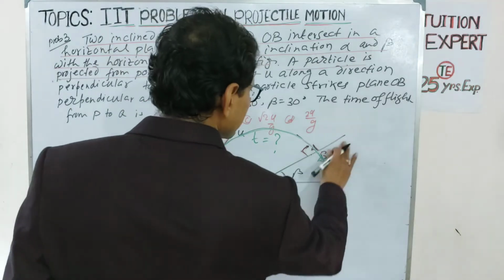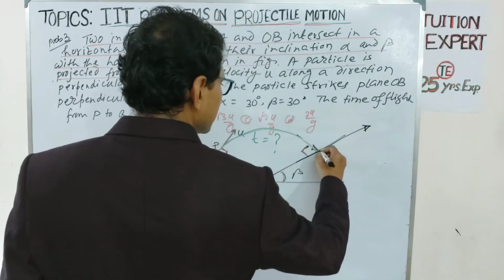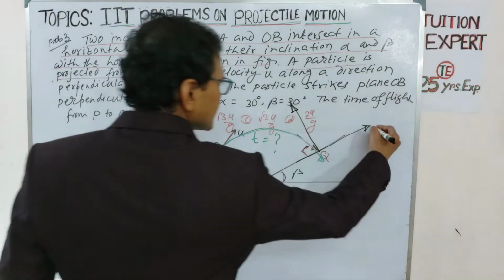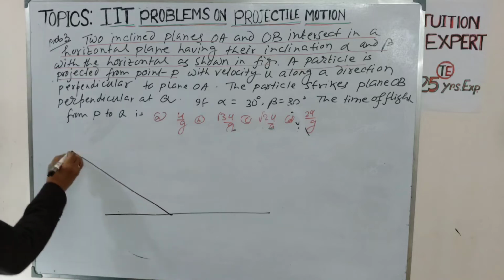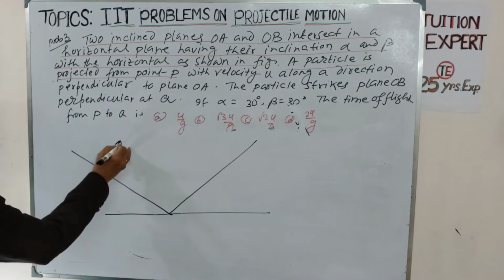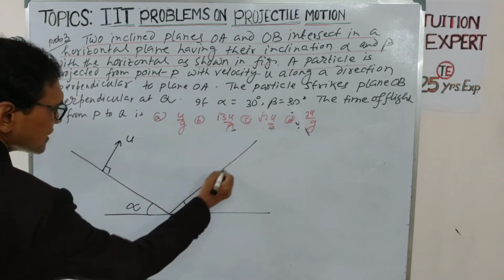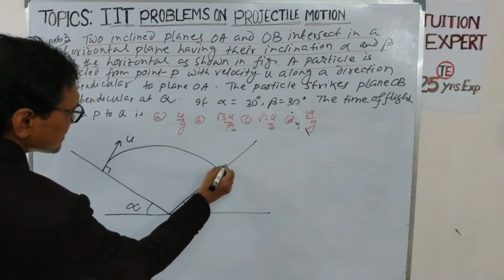Suppose this is the x axis and this is the y axis. This is an inclined plane and this is another inclined plane. A particle is projected perpendicularly. This is 90 degrees. This angle is alpha. This angle is beta. The particle strikes at this point perpendicularly. This is point Q.